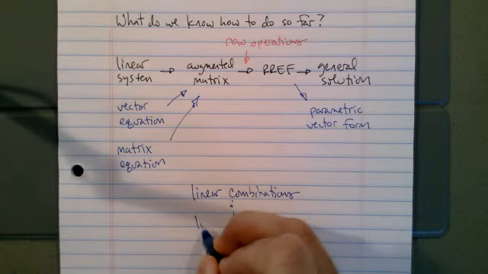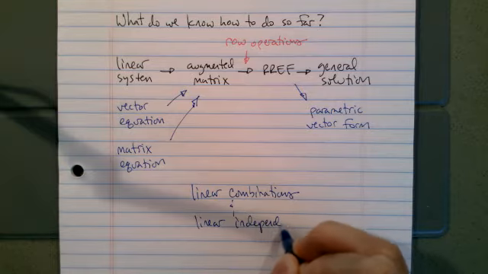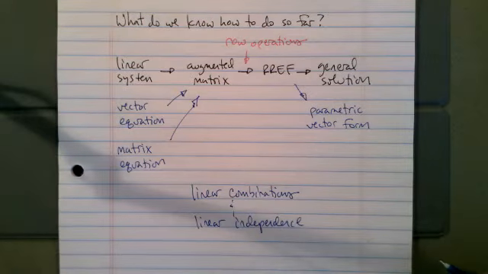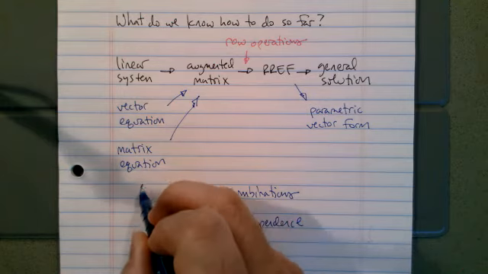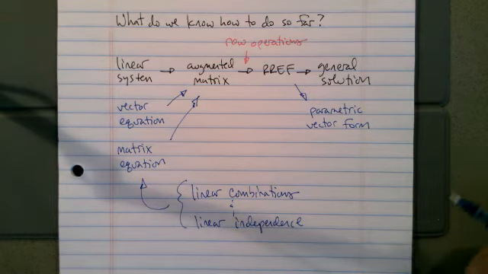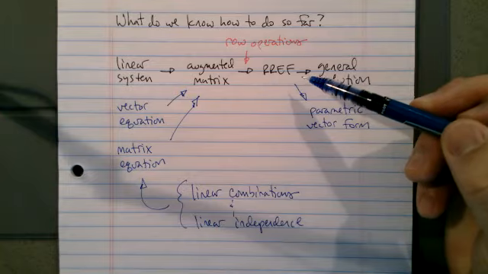And linear independence. Questions about linear combinations and linear independence will lead to vector equations and matrix equations. So these concerns will lead to matrix equations and vector equations, which lead to an augmented matrix, which will lead to a reduced row echelon form.